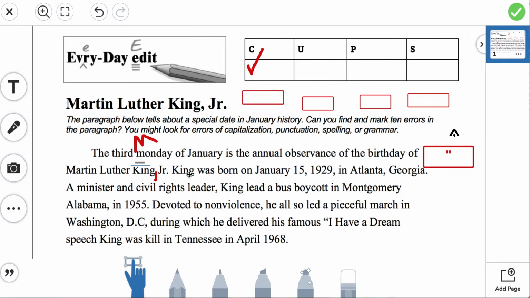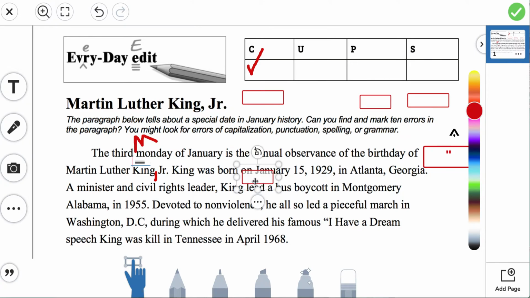A minister and civil rights leader, King, lead a bus boycott? Led a bus boycott. So we're going to pause right there. If we added a comma in between King and Jr., that is dealing with punctuation. A comma is a punctuation mark.